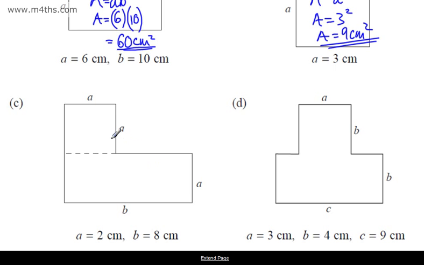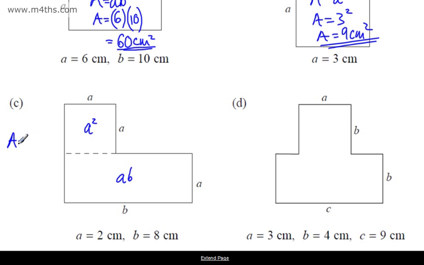With this one here, we have what we call a composite shape, or you might see these being called compound shapes, composite or compound shapes. So if we look now, what I'm going to say is that the area is going to be this part right here, which is A times A, which is A squared, plus this part here, which is AB.